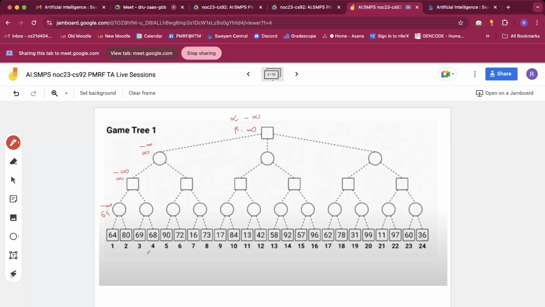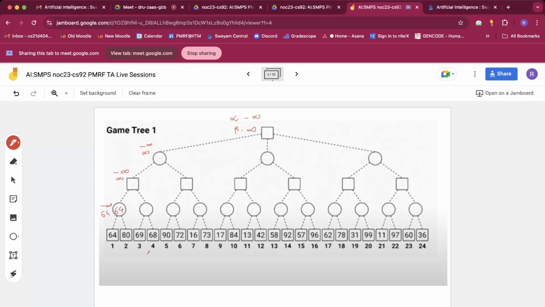This 80 child will return a value of 80, and this will be compared with the beta value of this min node. 80 is greater than 64, so no change will happen to the beta value because 64 is lesser than 80, the minimum of 64 and 80. Now that we have inspected all the children of this particular min node, it will be assigned a value of 64.